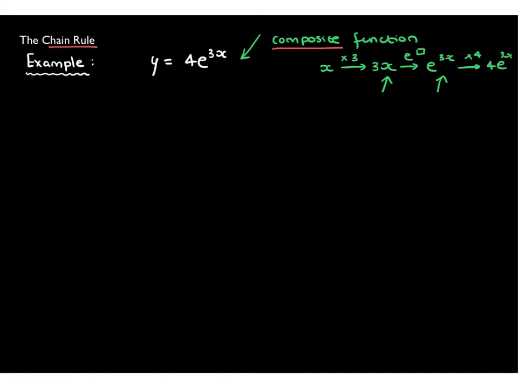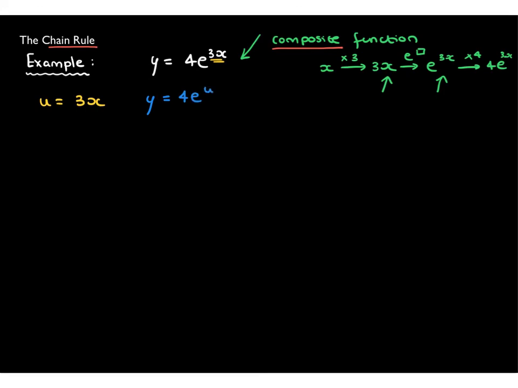What we're going to do is set up the full chain rule process here and then explore what is actually happening. So remember, we need to identify the inner function, which of course is the 3x. So u is equal to 3x. And we then need to set up the fact that y can be expressed in terms of u as 4e to the power of u.